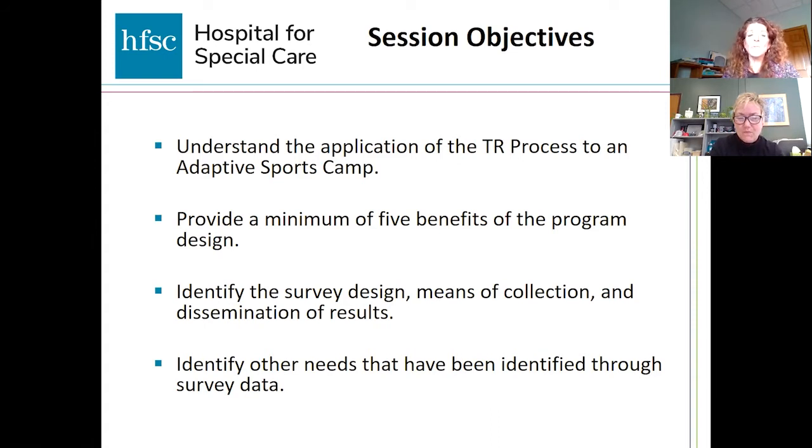And also for you to identify the survey design, the means of collection, and the dissemination of results. And additionally, just identifying other needs that have become clear to us as it relates to the survey data that we have acquired over the years.